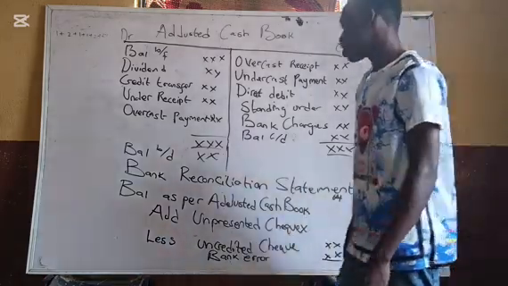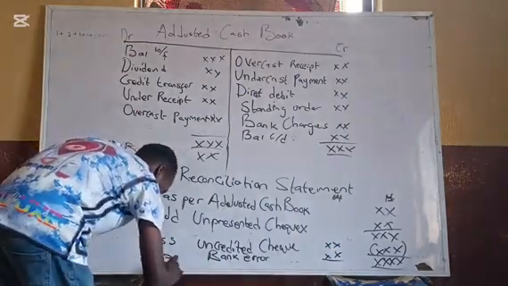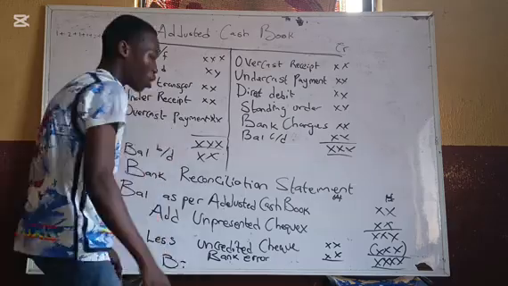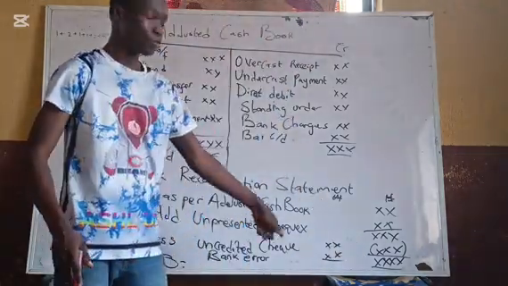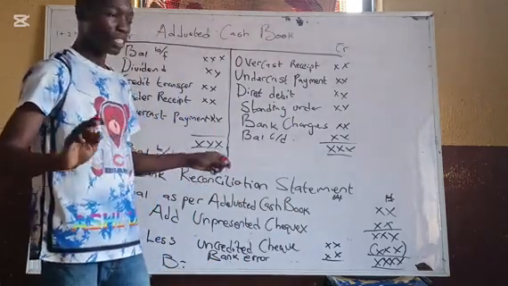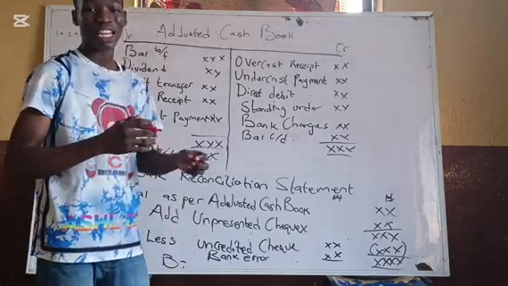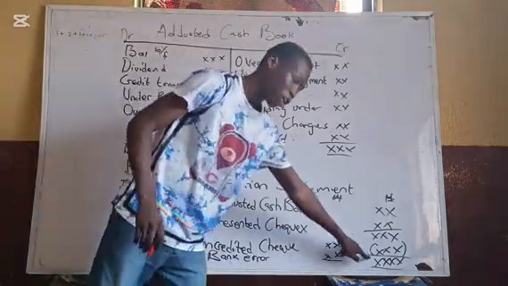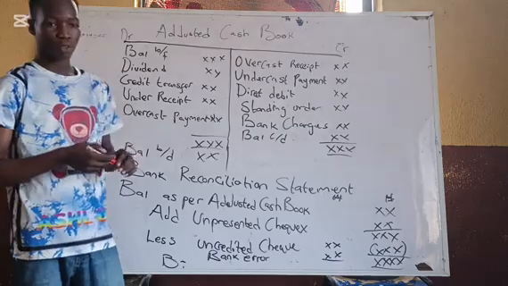Now our total balance, we are going to write it as balance as per bank statement. That is it. There's not enough space here, but balance as per bank statement is what you are going to get here. So we are done with the format of the adjusted cash book.